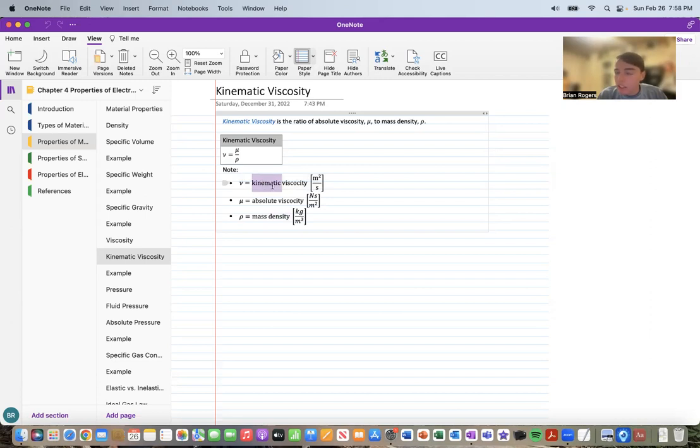You can think of kinetic energy like the actual movement. So it's going to determine the actual movement of that substance, how fast that liquid is able to move, by taking the absolute viscosity and dividing it by the density. So how dense it is.